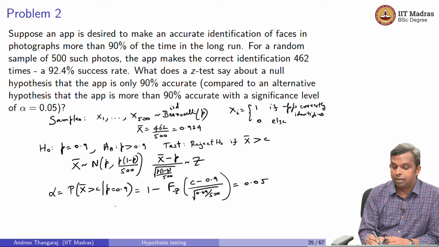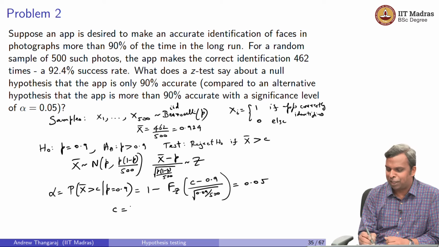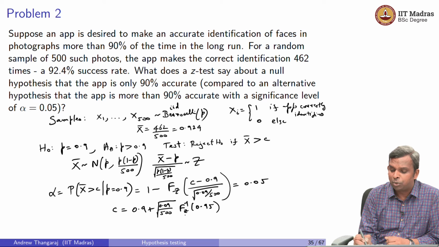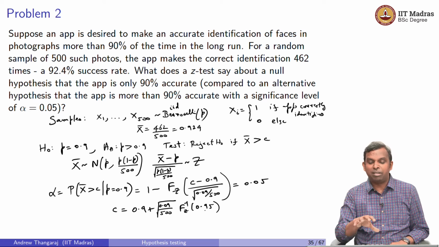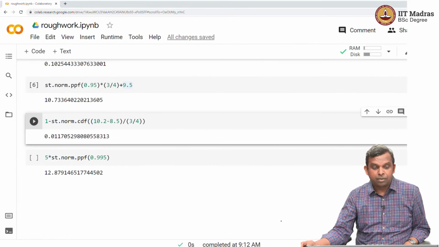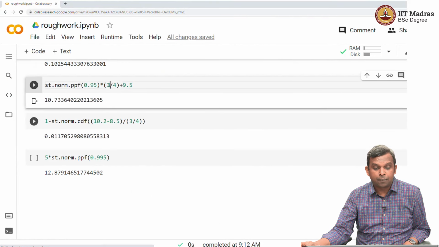From here, it's the same calculation as before, right? So 0.9 plus the square root of 0.09 by 500 times Fc inverse of 0.95. By now, this calculation must start to look very familiar to you. So for the right-sided case, at least, this is very easy.